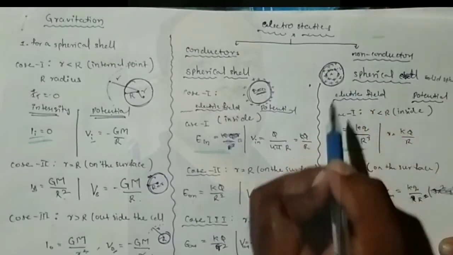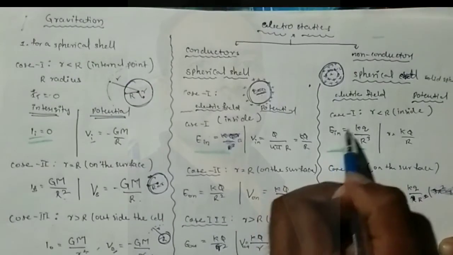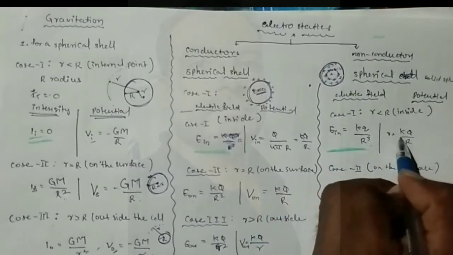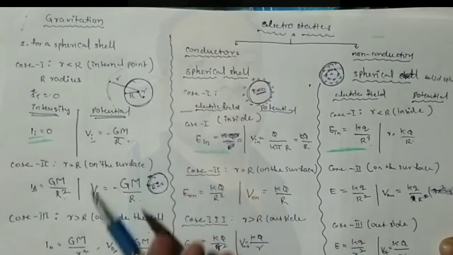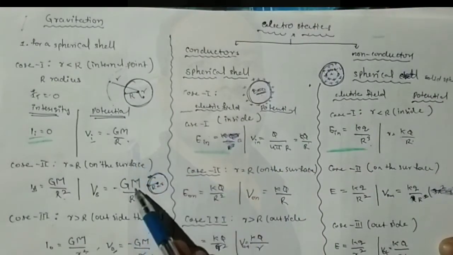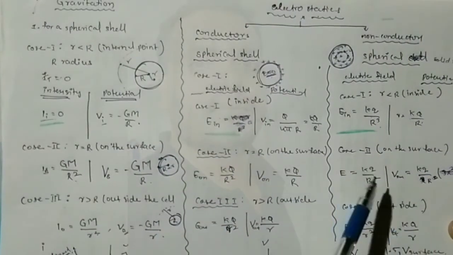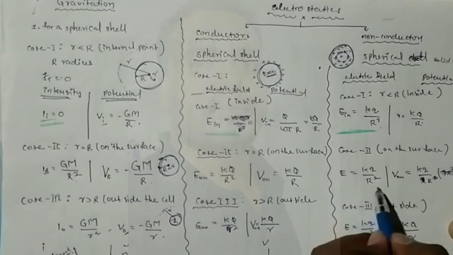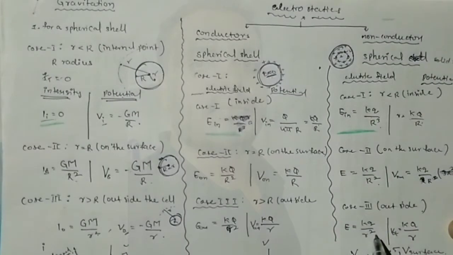Inside there is an electric field, inside the solid sphere Kq by R cube, potential Kq by R. Here also potential Kq by R, or Gm by R, gravitation or electrostatics, right? Electric field on the surface is Kq by R square.